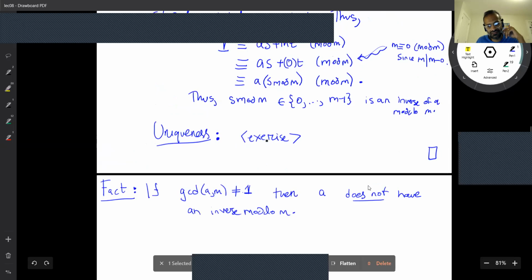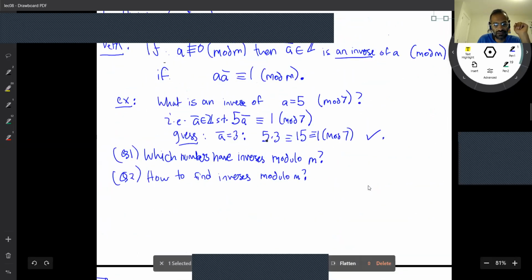But now with this fact and the theorem, and looking at the proof, I've completely answered these questions, right? Which numbers have inverses modulo m? Answer, integers relatively prime to m. And how do you find the inverse modulo m?